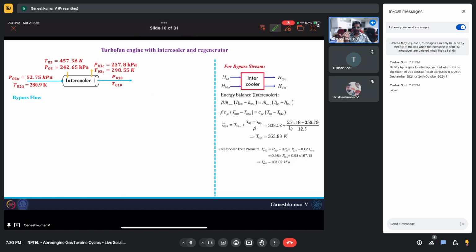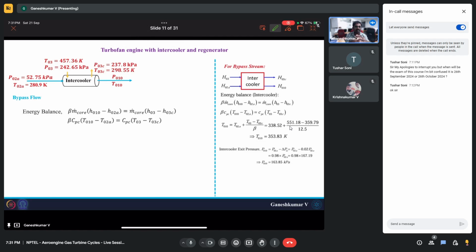Okay, so as I said, we need to do this for the bypass stream. If you remember, I wrote two formulas for effectiveness. You can use that formula, which is also useful to find T0. So we need to find T010, right? And also P010, which comes from the pressure loss. You can easily find it with the 2% pressure loss. The temperature which exits you can find either using effectiveness or simply using energy balance.